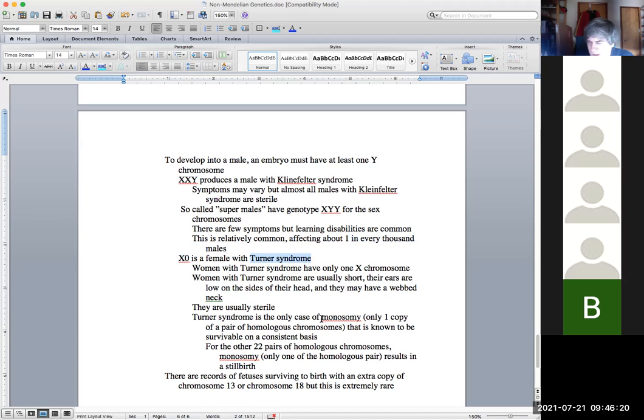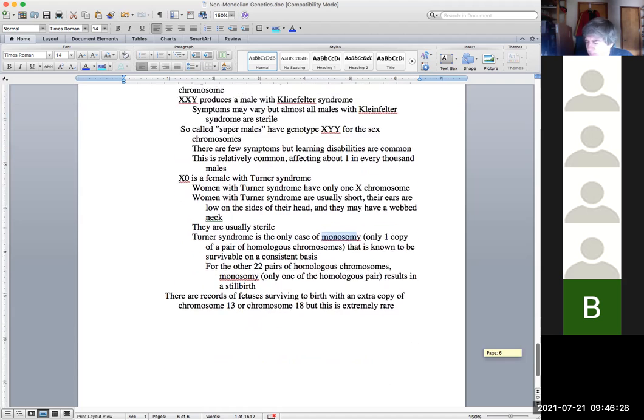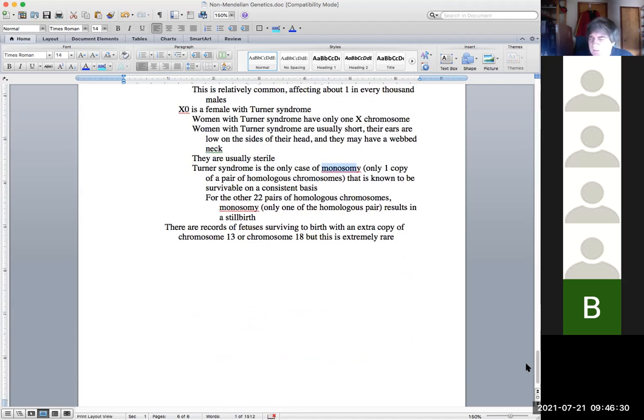And this is the only case of what's called monosomy, getting 1 copy of a pair of homologous chromosomes, that is known to be survivable on a regular basis. There are a few cases that have been documented of somebody getting only 1 copy of chromosome 13 or 1 copy of chromosome 18 and surviving.